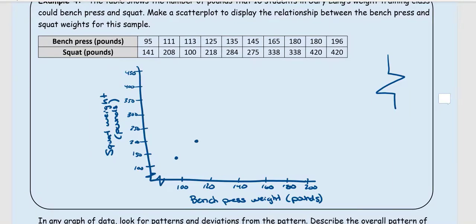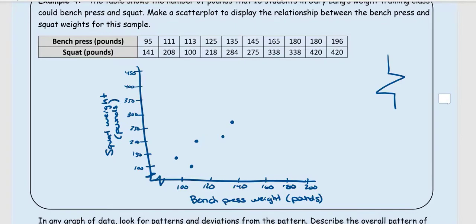Let me just make sure that's right. Yep. And then we have 125 pounds at 218. Okay. And then we have 135 pounds at 284. So it's going to be up here. Okay.